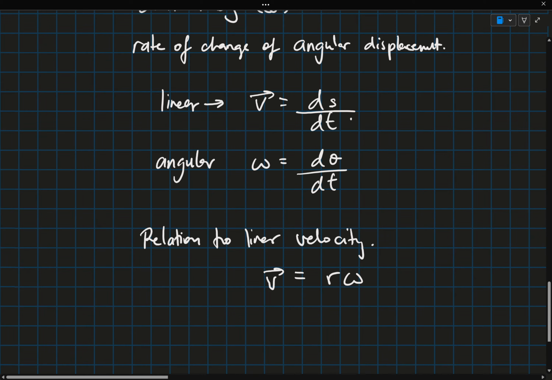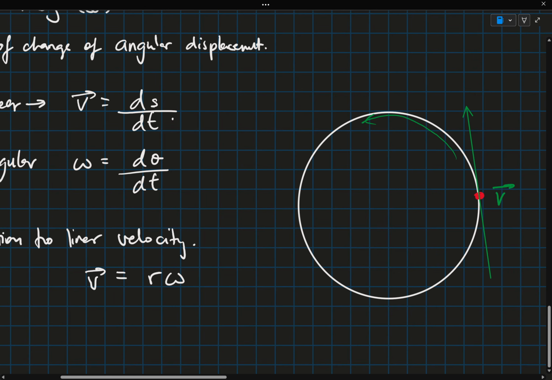The angular velocity, as we move around the circle, will be the angular displacement with respect to time. But if we're trying to find the linear velocity at one point on the circle, that would be r times omega. Any issues or concerns?